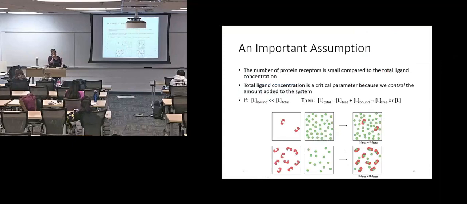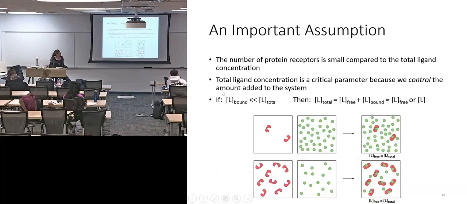So there's sort of an important assumption here. The number of protein receptors needs to be really small compared to the total ligand concentration. This is the critical parameter that we have control over. So the amount of ligand that gets bound is essentially the concentration of the complex.